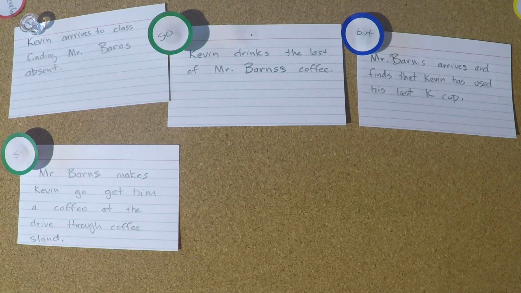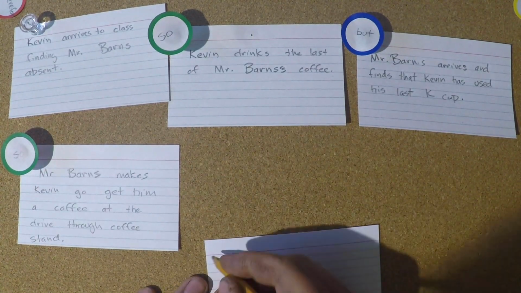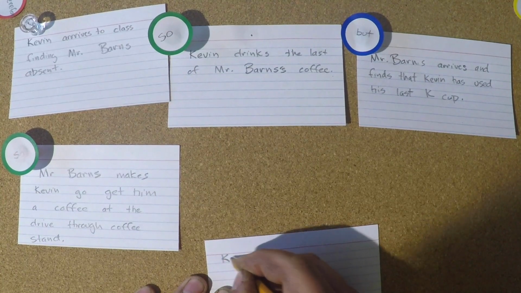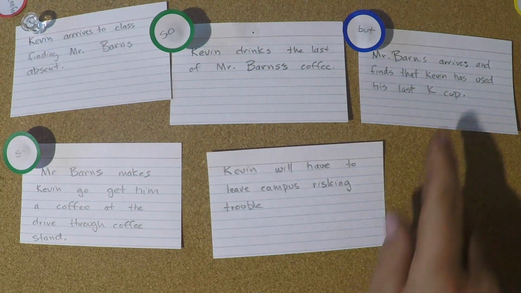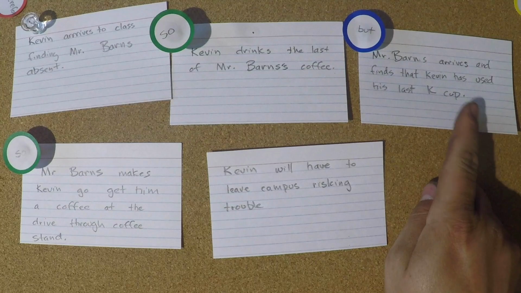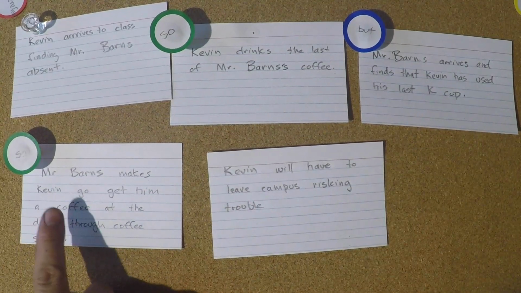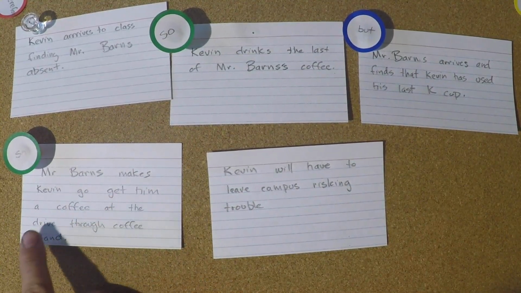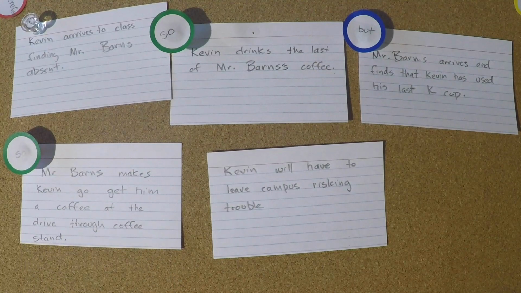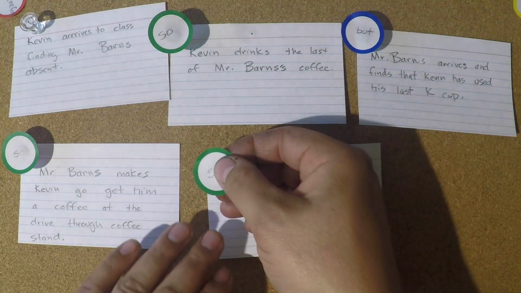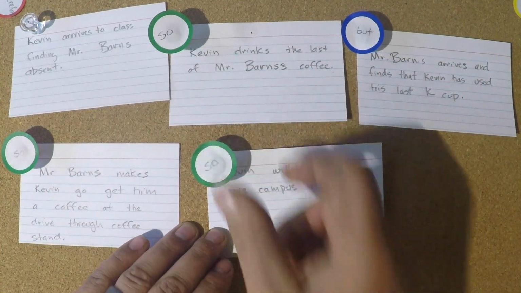Next one could be a but. All right. Mr. Barnes arrives and finds that Kevin has used the last K-cup. So Mr. Barnes makes Kevin go get him a coffee at the drive-through coffee stand. I think it's fine that this is a so.